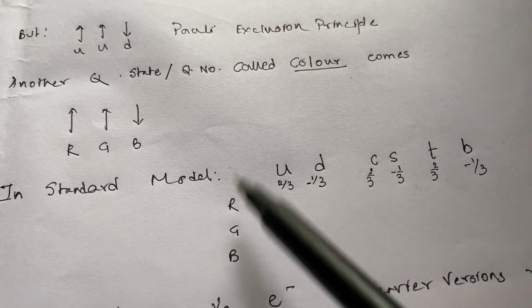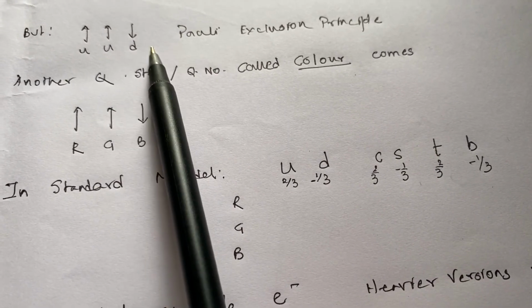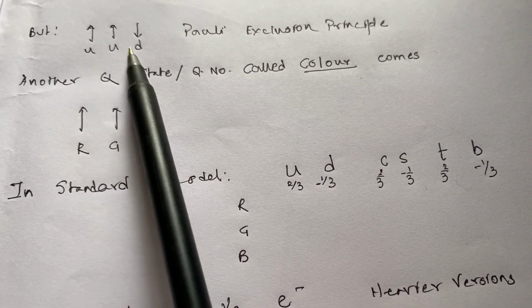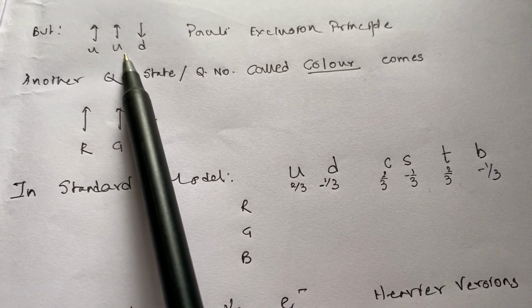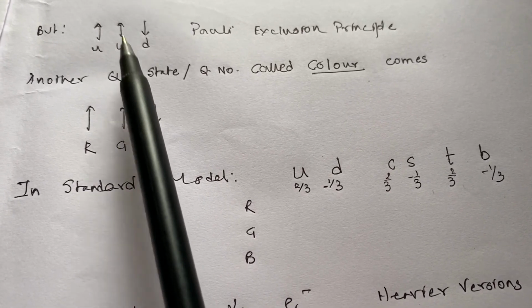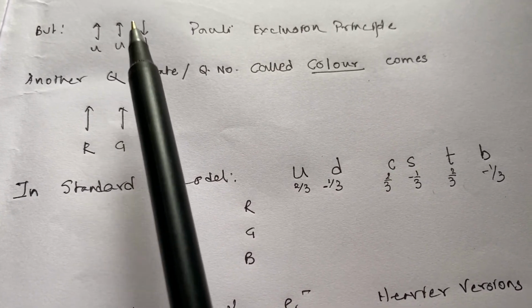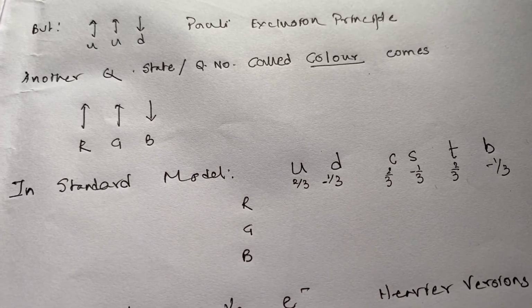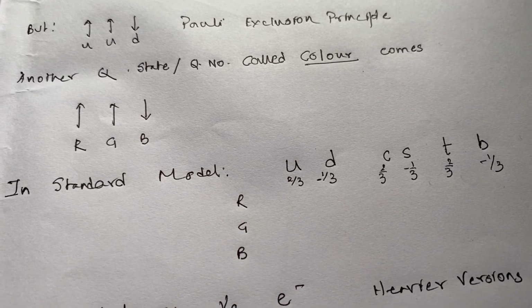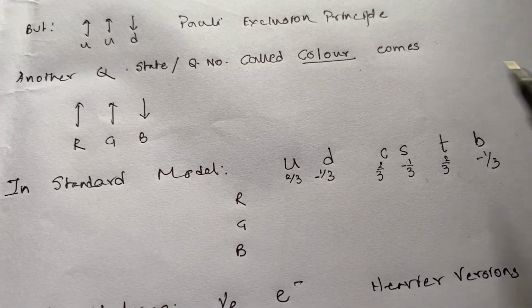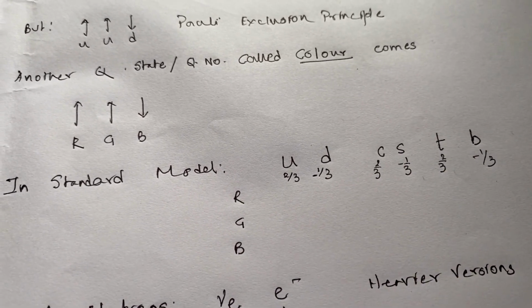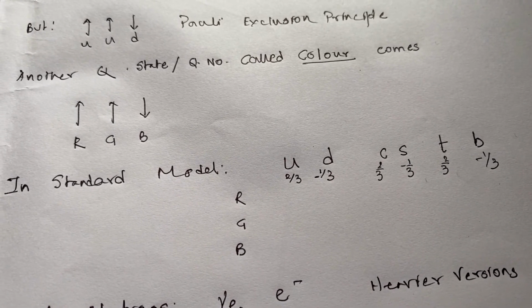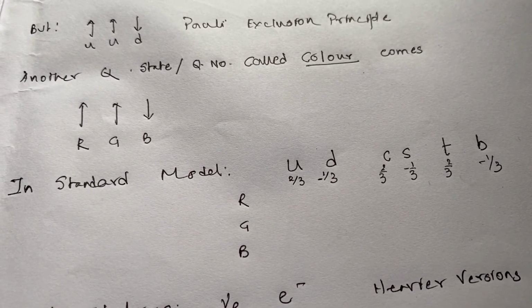Now if inside a proton we have two up quarks and one down quark, how can these two up quarks reside inside a proton, because these are fermions? Then scientists estimated that there must be a difference in another quantum number, which is called the color charge, in analogy to the electric charge in electromagnetic interaction.